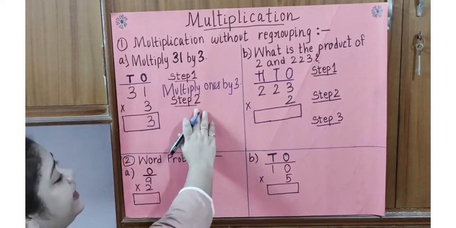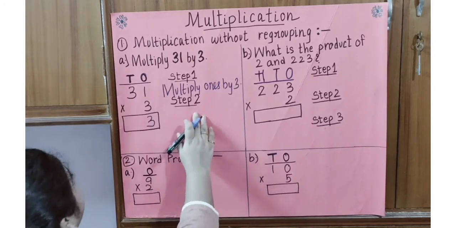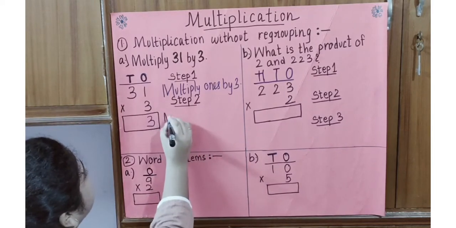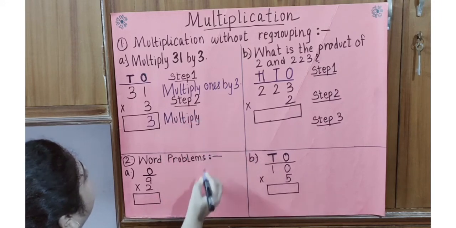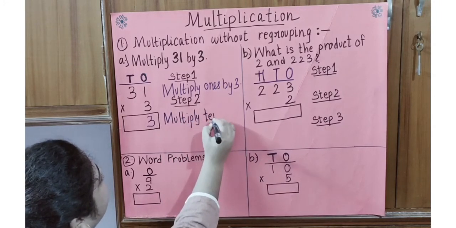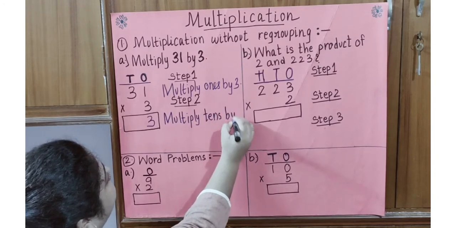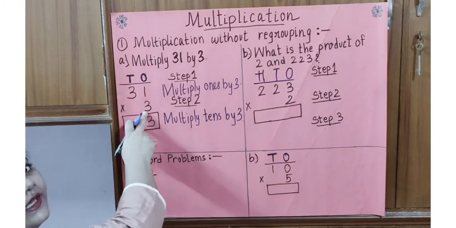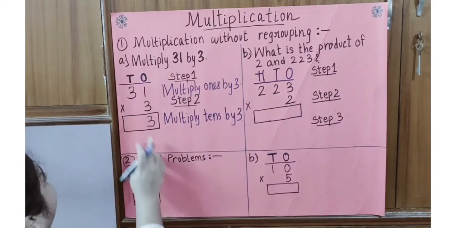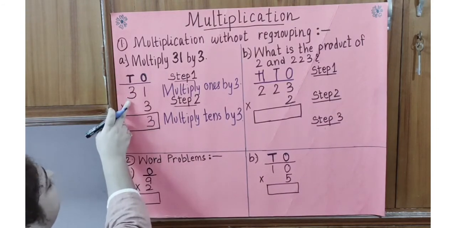Now what is the second step that we are going to follow? The second step is to multiply tens by 3 again. In tens place, we have 3.